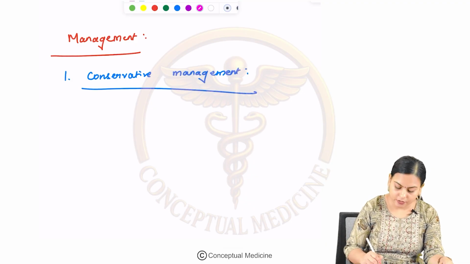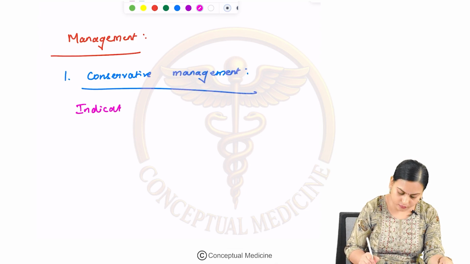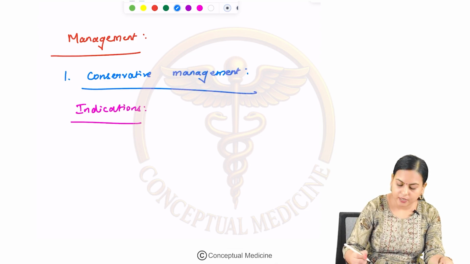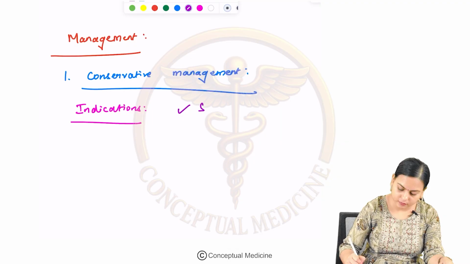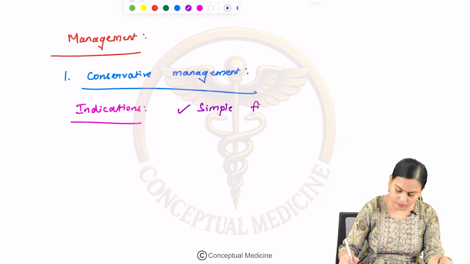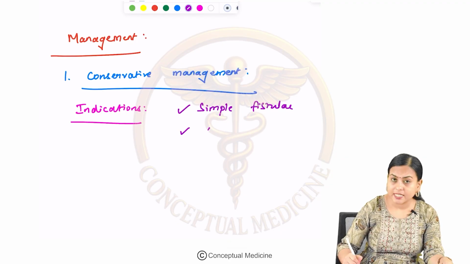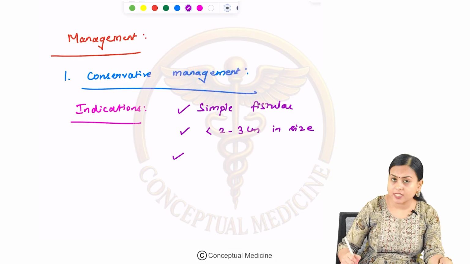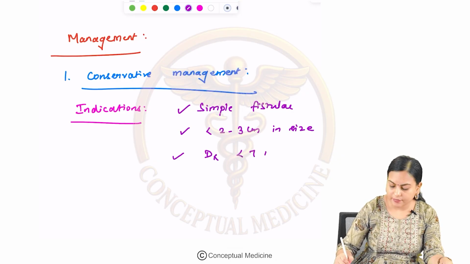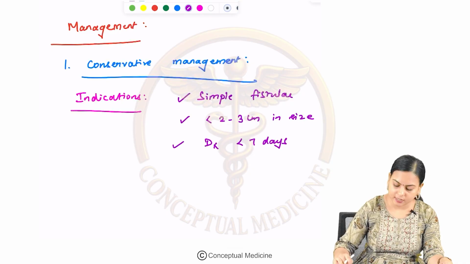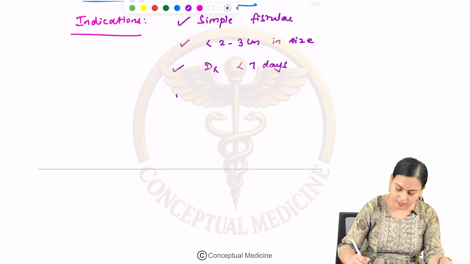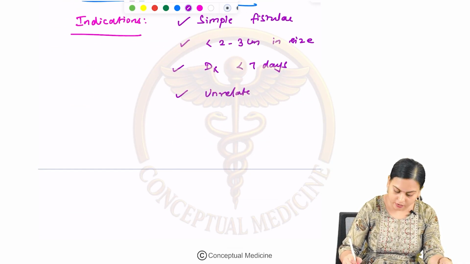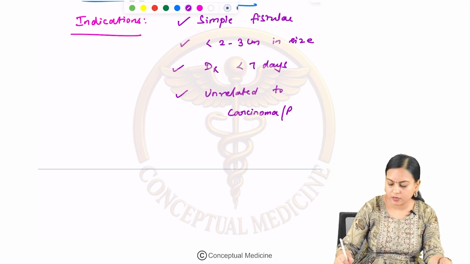Indications of giving conservative management are when it is a simple fistula, that is less than 2 to 3 centimeter in size, and it is diagnosed within 7 days of the cause, and it is unrelated to carcinoma or radiation. Okay.